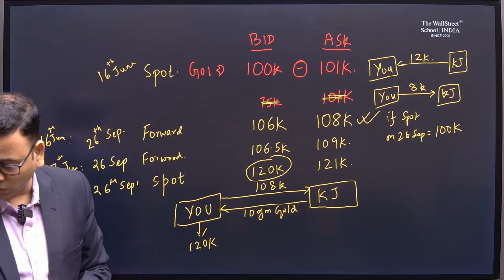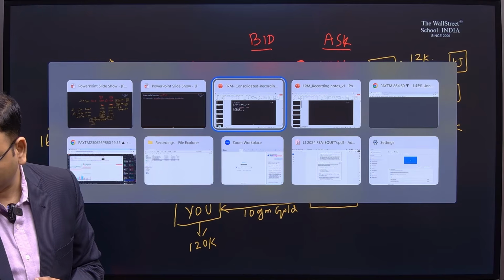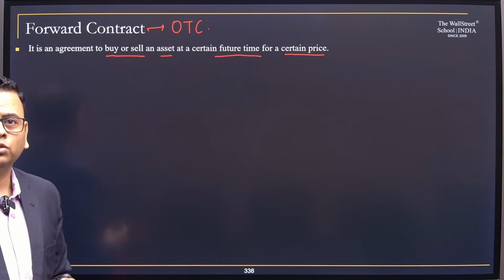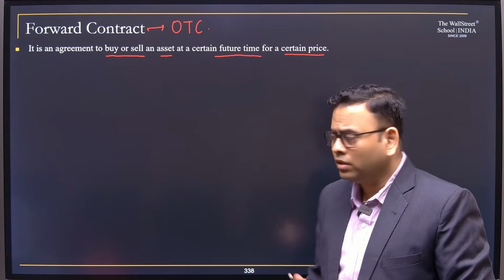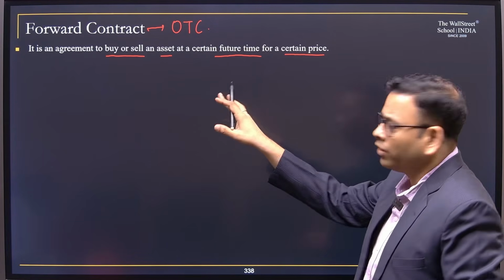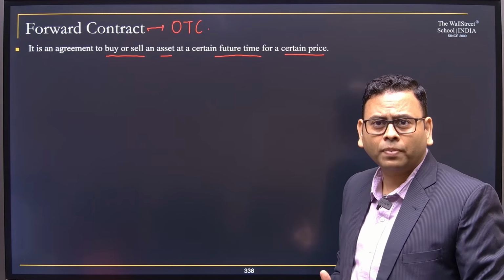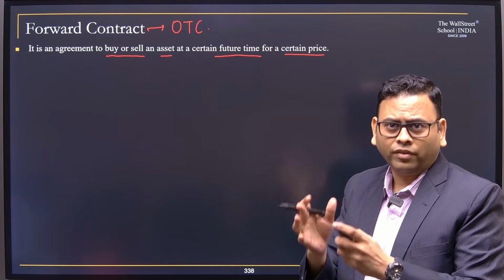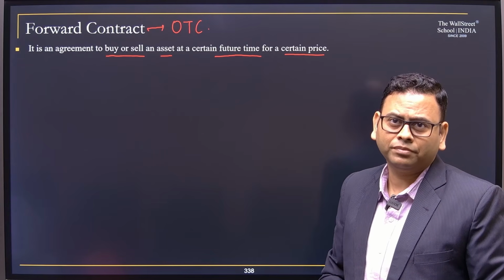So, let us go back to our understanding of this particular concept. So, as I was saying, forward contract is nothing but it is an OTC product wherein one counterparty buys and another counterparty sells at a fixed date for a fixed date delivery and at a fixed price.